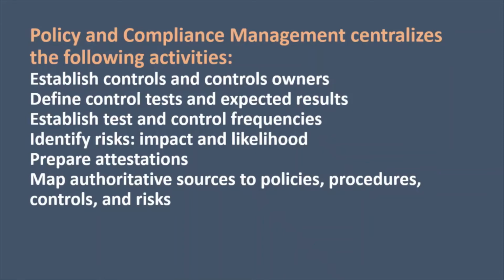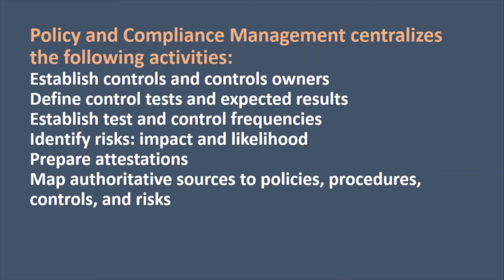And after that, identify risk, impact, and likelihood. We have to identify the risk and impact, right? And then only can we take care of the risk. Until and unless we recognize what the risk is, we cannot take care of that. So for that purpose, we have to identify the risk and impact. Prepare attestations. This is also part of policy.